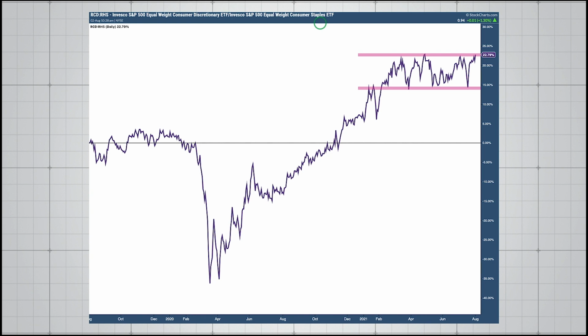When we look at this in an equal weight flavor, we've actually got the offense versus defense ratio moving up to new highs here. It's been chopping around a lot in 2021, like we've seen in those mid caps and small caps. So to see this moving to the upside, to see offense potentially putting in a breakout over defense here, is something that I am keeping a very, very close eye on.